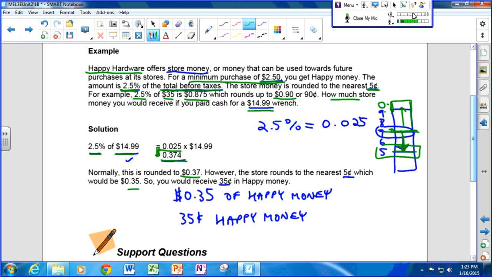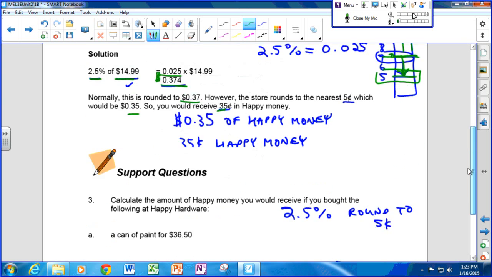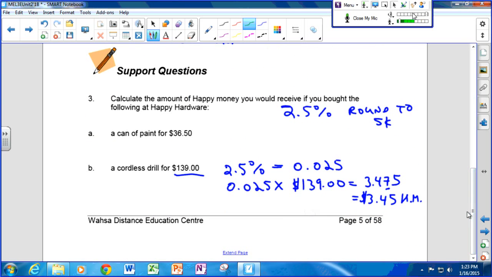If you want to express that in cents, you just multiply the amount by 100, and then you get 35 cents in Happy Money. Okay, Canadian Tire money, that's the sort of thing, right? So we had a few examples of how to do this, rounding to the nearest 5 cents as well.